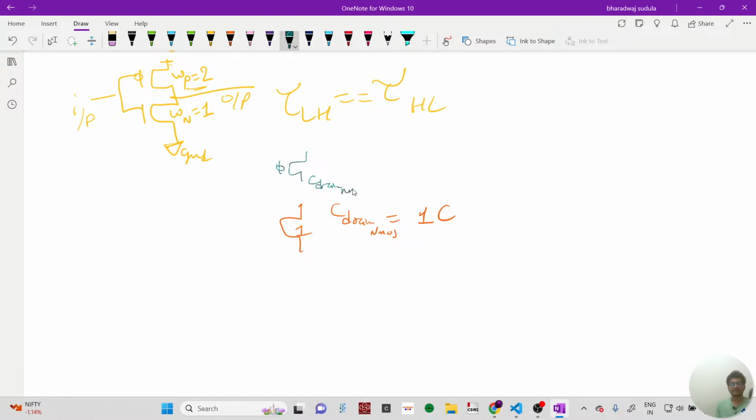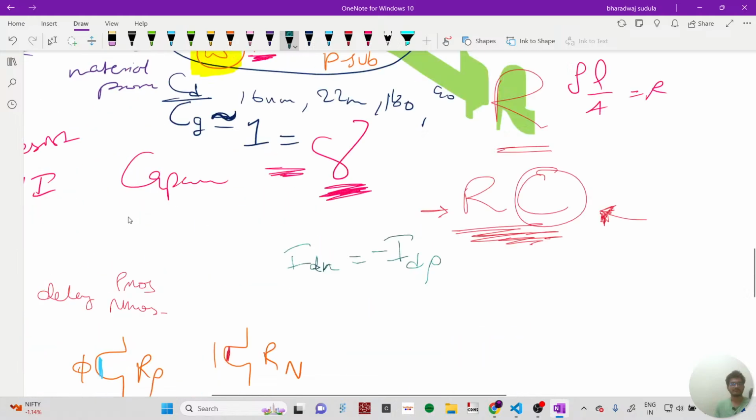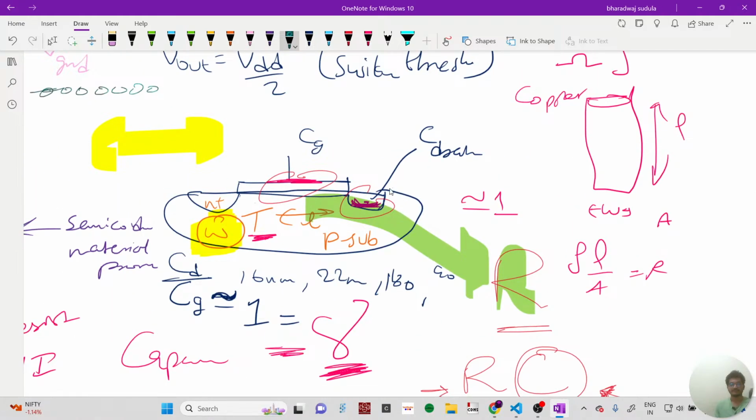Drain cap of PMOS is 2C, because its width is double.